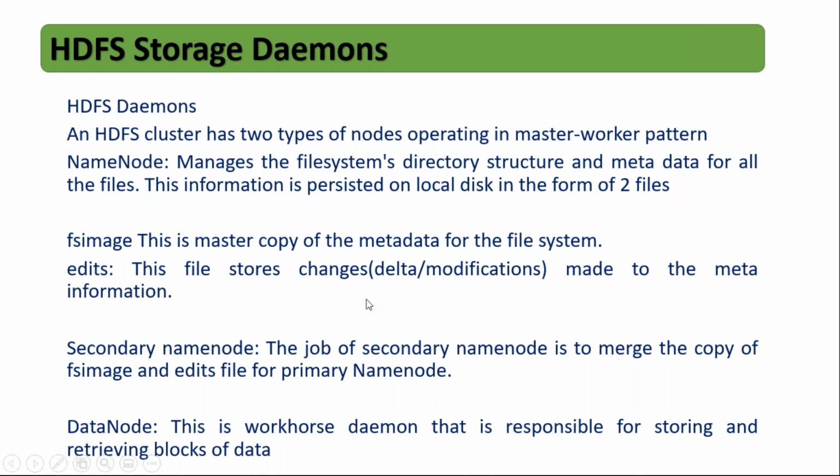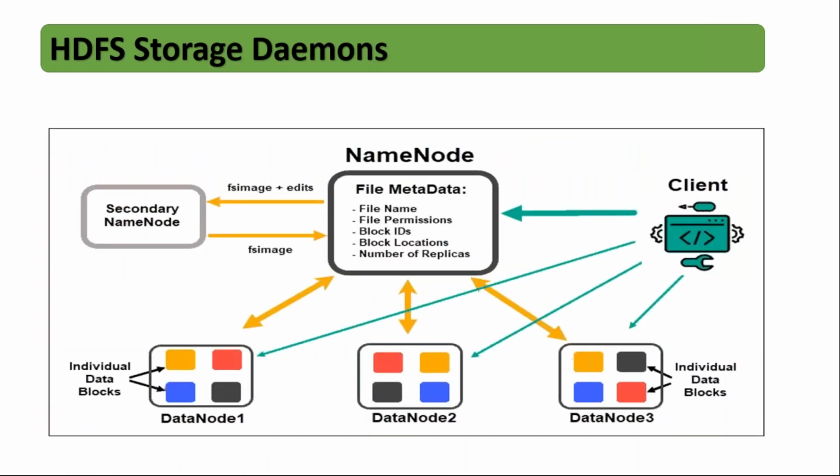Edits is to have transactions information, or modifications information. That means read, write, delete information is in edits. There is a secondary name node which will contain the metadata, that is fs image and edits, same as the name node. Data node is the actual workhorse, the actual engine where you see computations happening against your data, right? So these are the HDFS daemons.